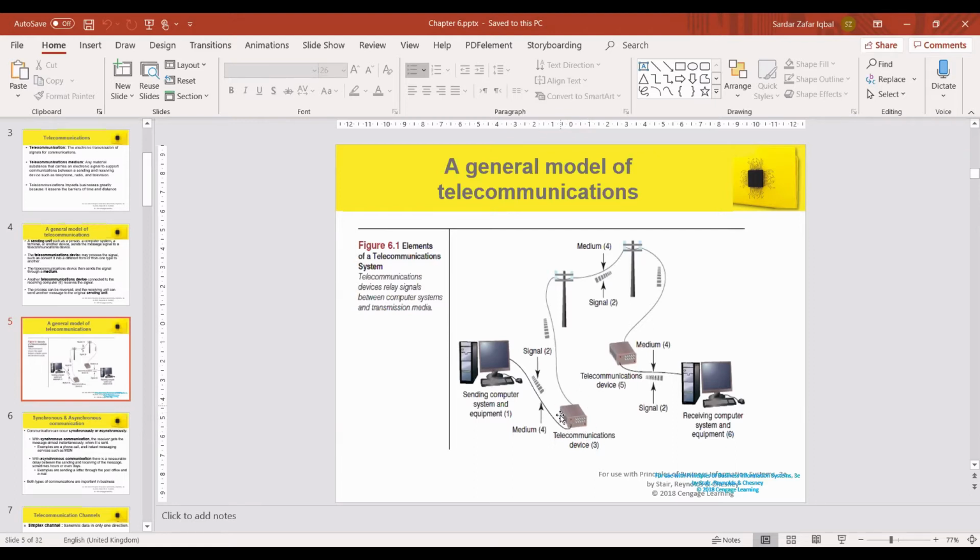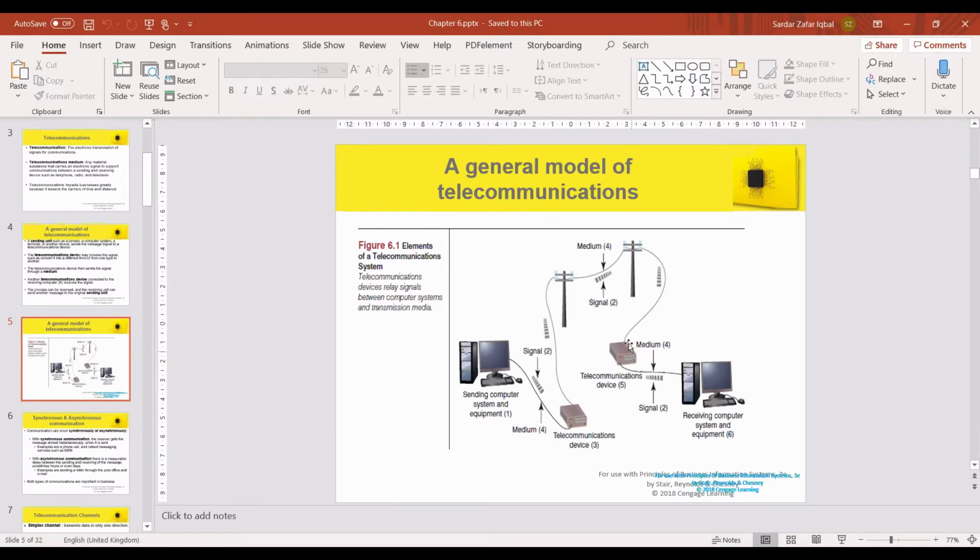So data will reach this telecommunication device, the modem, that will convert the digital signal into analog signal. And then it will go through the wired connection, through towers, and it will reach another same device at the destination level.